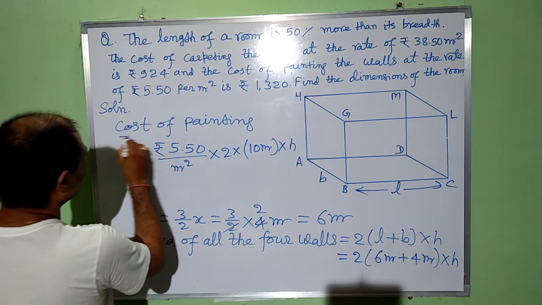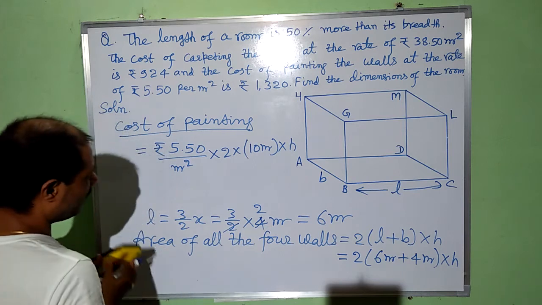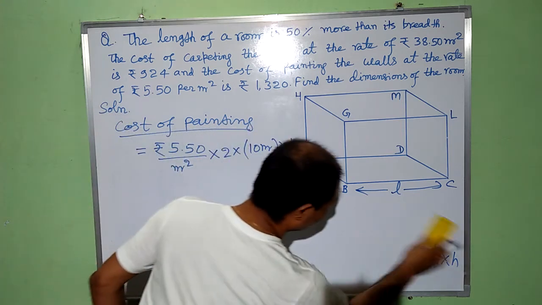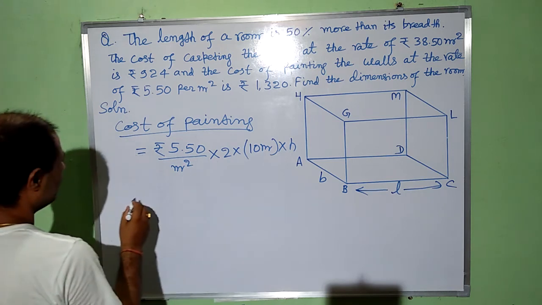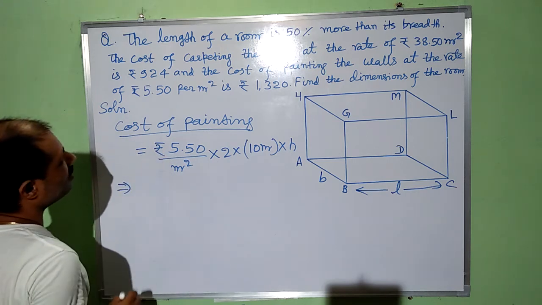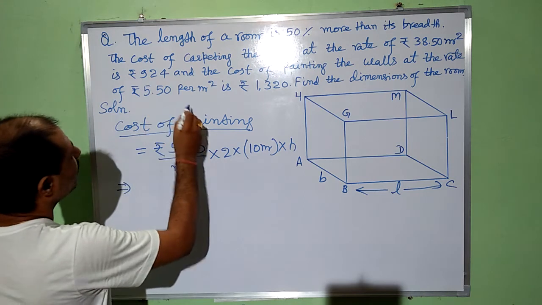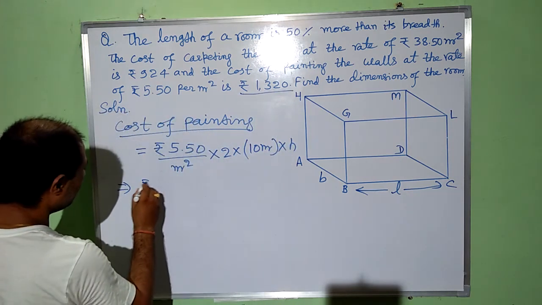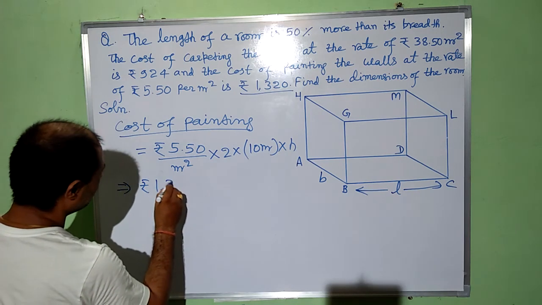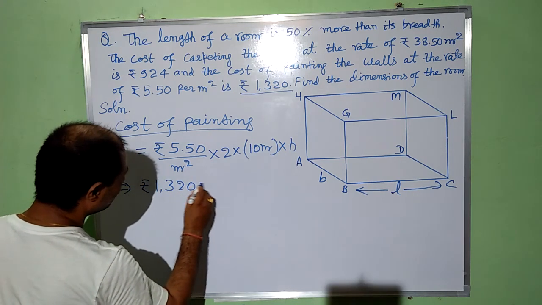This cost is given. This part is known here. Implies that cost of painting that is given, total cost is given, rupees 1320.